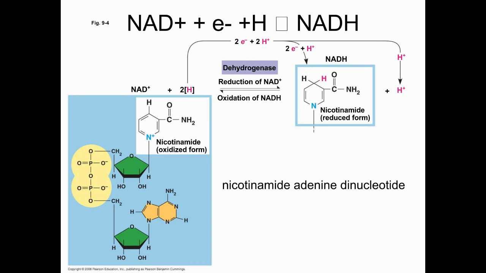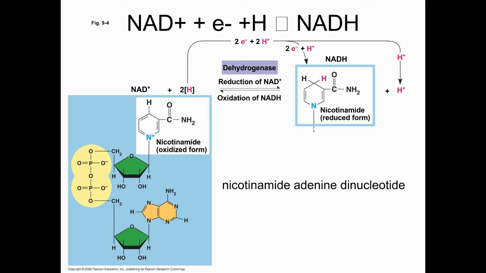When I'm oxidizing glucose, when I'm ripping electrons off of glucose, I need to transport those electrons somewhere. This is the ride. This is the taxi. This is how they get there. So what happens is NAD+, which is just the standing state, it's in a positive state, picks up electrons. It also picks up hydrogen as well.